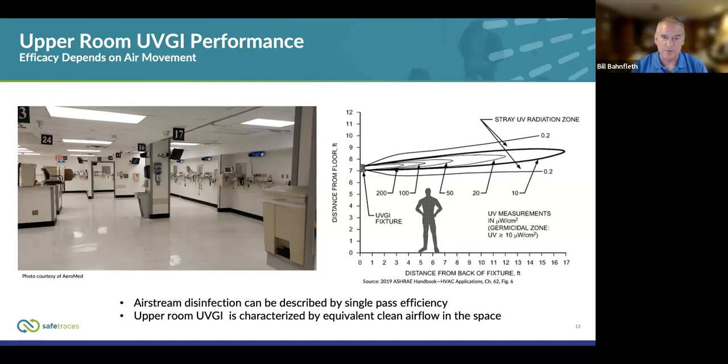So the way this system works, as Chip indicated, is we've got to get air to go from where the occupants are and where the contaminants are being admitted into this disinfection zone and then back. So clearly room airflow patterns will affect that. And this is much more complicated than an in-duct system where we can describe it in terms of a single pass efficiency, just like we can a filter.